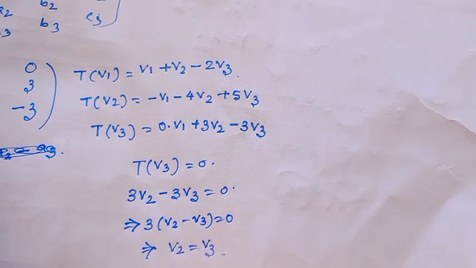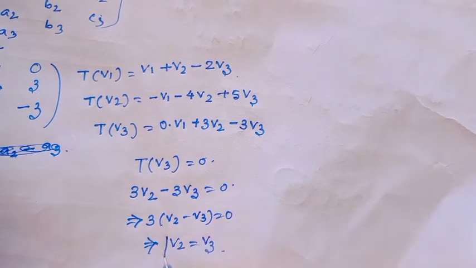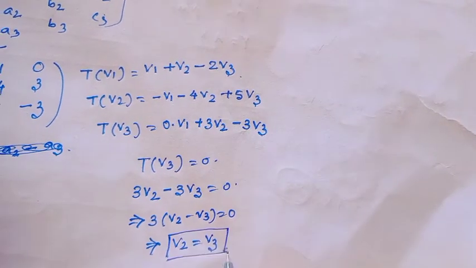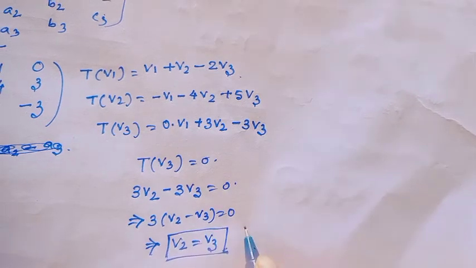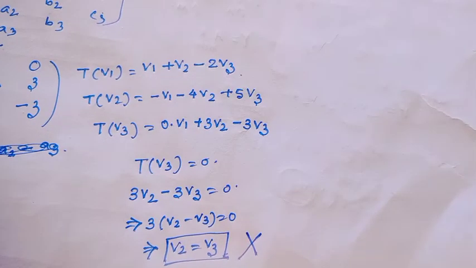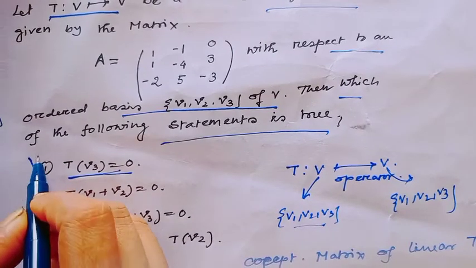Since v1, v2, v3 are basis vectors, they are linearly independent. But here I have got v2 equal to v3, which means they are linearly dependent. This is wrong, because v1, v2, v3 are a basis of the vector space V. So this is not possible. That means option 1 is a wrong option.